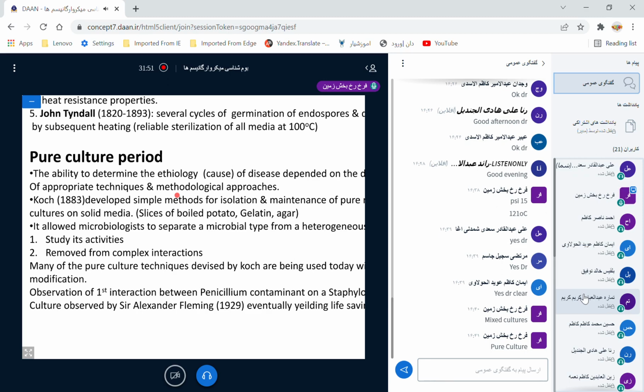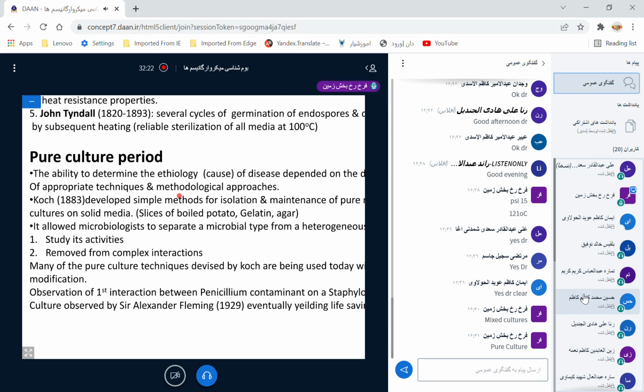So one person has abdominal pain, with diarrhea, with loose motion. When you have culture from stool, there are many microbes. You should separate them and understand: is it Salmonella there? Is it Shigella there?